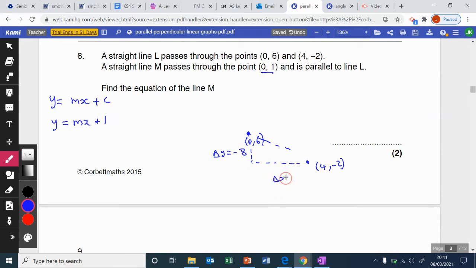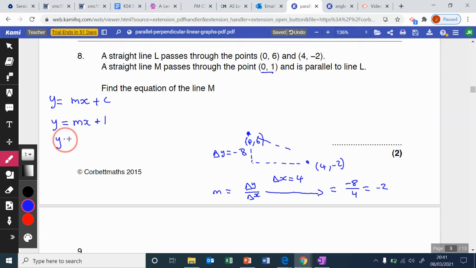The change in x is equal to 4. And the gradient is equal to the change in y over the change in x. And that is going to be equal to minus 8 over 4, which is equal to minus 2. And because the gradient of L is minus 2 and M is parallel, we know that M is also going to have a gradient of minus 2.